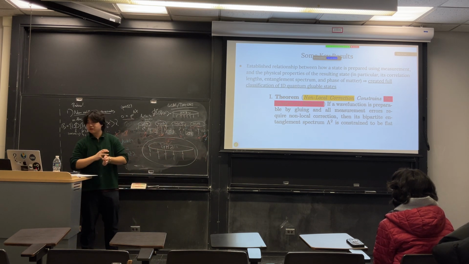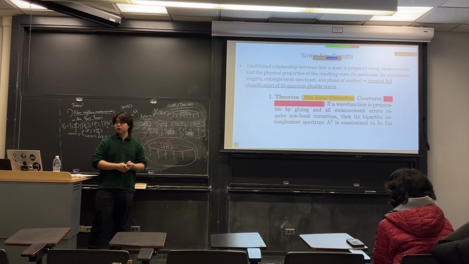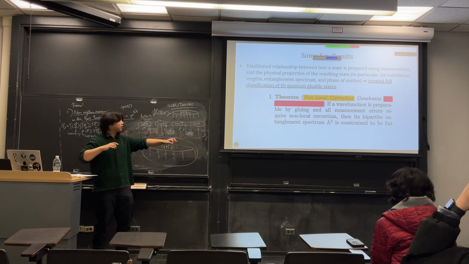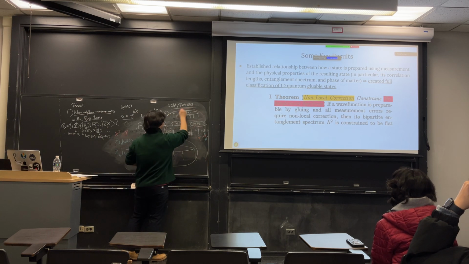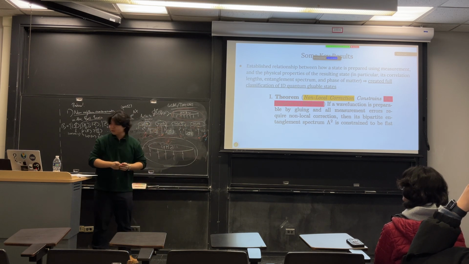It says if a wave function is preparable by gluing and all measurement errors require non-local correction, then its entanglement spectrum is constrained to be flat. Essentially, that means you have a long-range entangled state, and an example of that is precisely this.